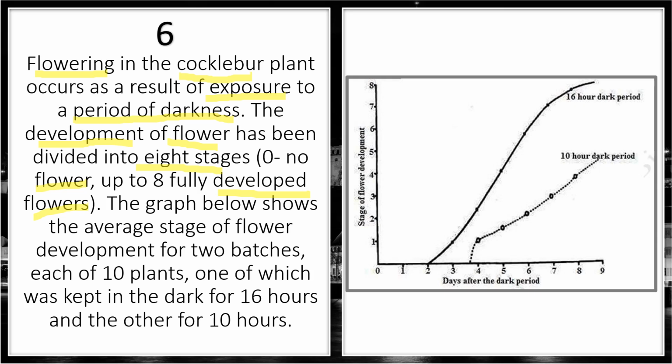The graph below shows the average stage of flower development for 2 bunches, each of 10 plants, one of which was kept in the darkness for 16 hours and the other for 10 hours.